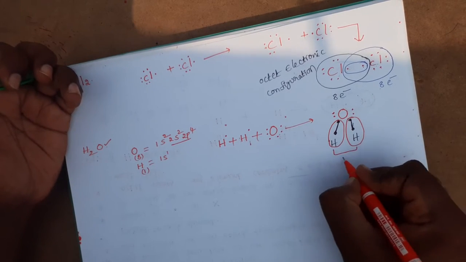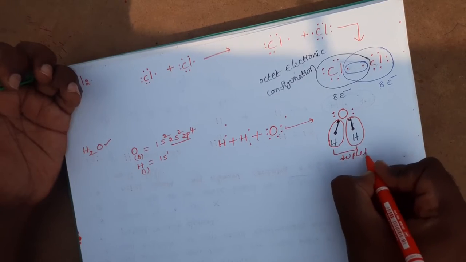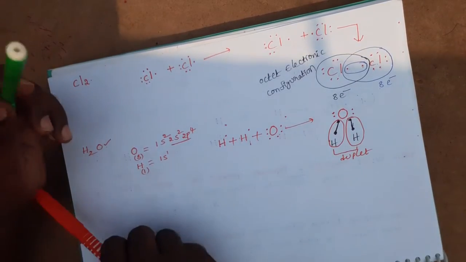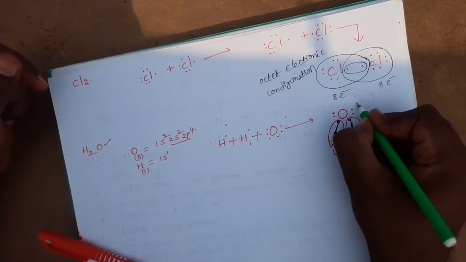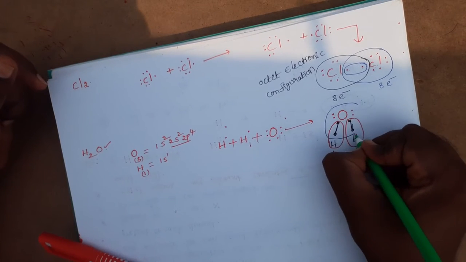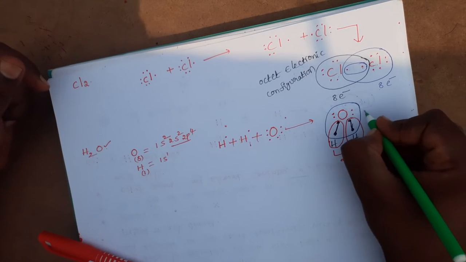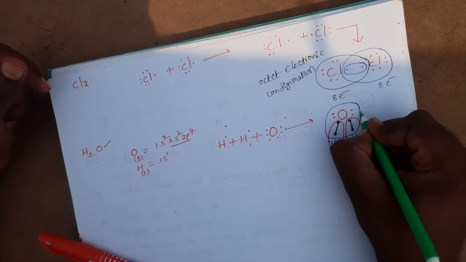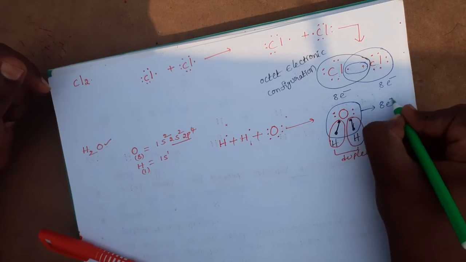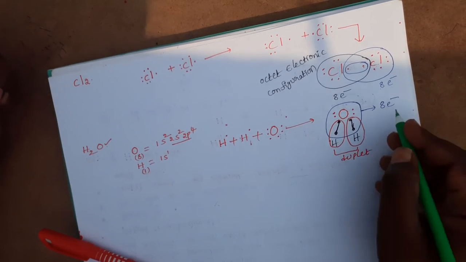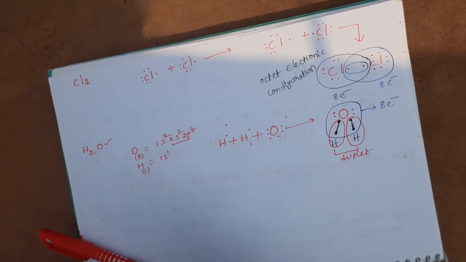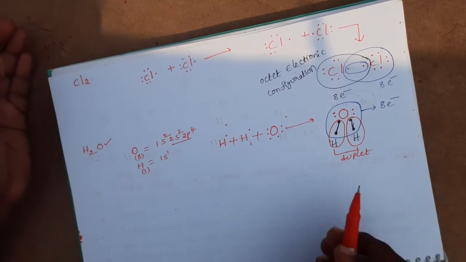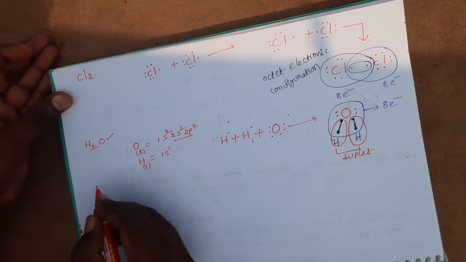These 2 hydrogens follow the doublet. But how many electrons does this oxygen contain after water molecule formation? 8 electrons. This is the important one, children.